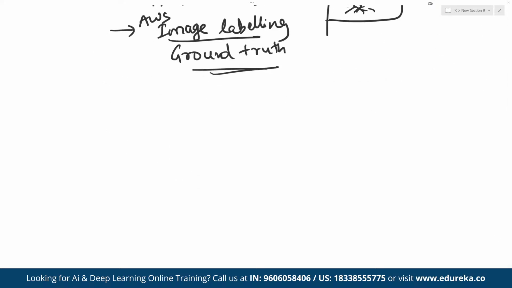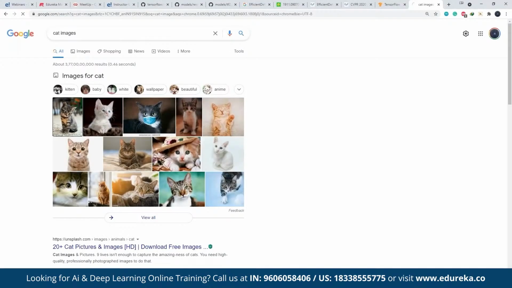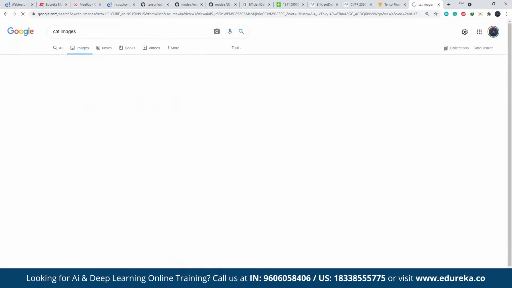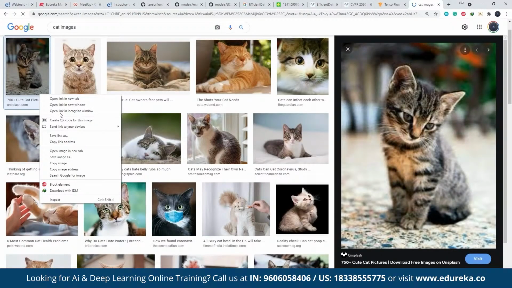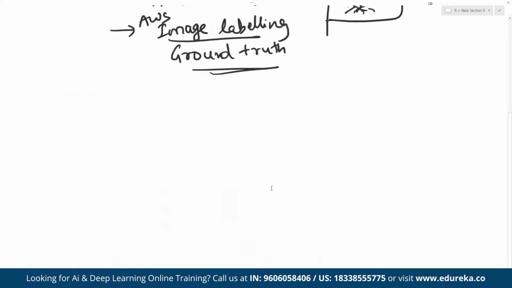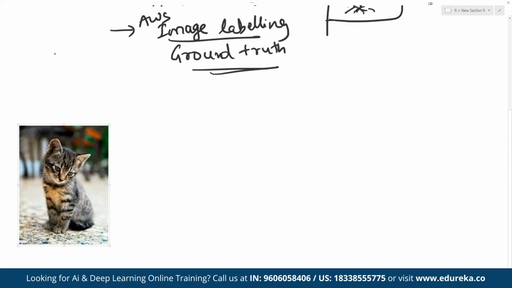So if I'm building a classifier which can detect whether my given image has a cat or not, and if the cat is present, where exactly that cat is, then my training data will have the image. Along with this image, I want to have what is present in it, for example, cat.